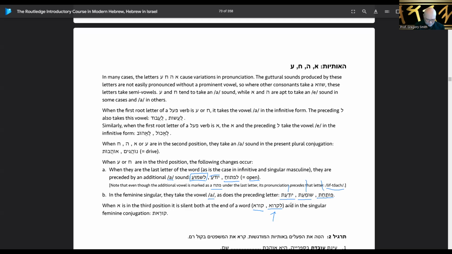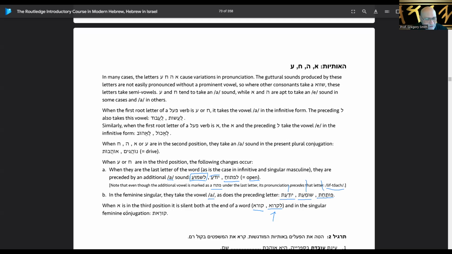Wait a minute here. That's wrong. אני קורא. Yeah, I am reading. Okay, and then likro, I think, comes from kara, which is writing, I think. Likro. Oh, to read, that's right. לקרוא. Likro comes from kara, to read.